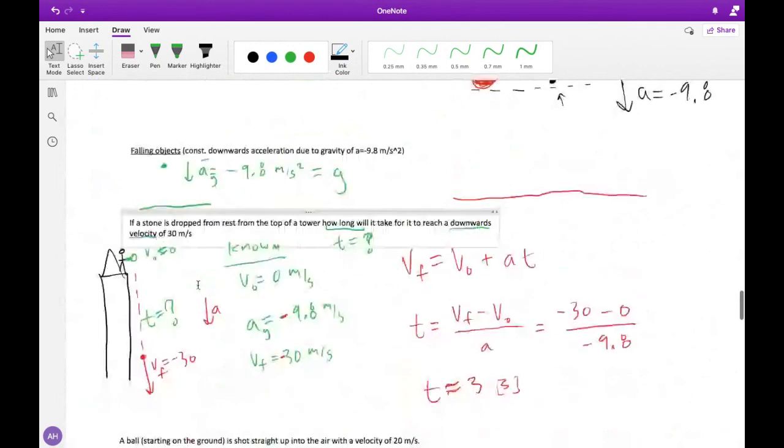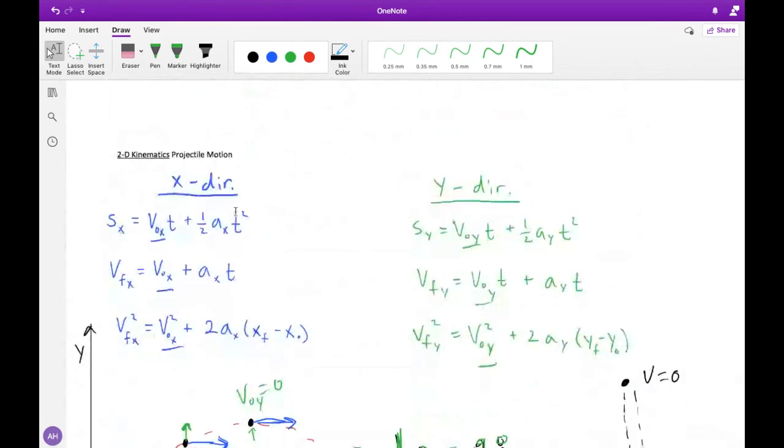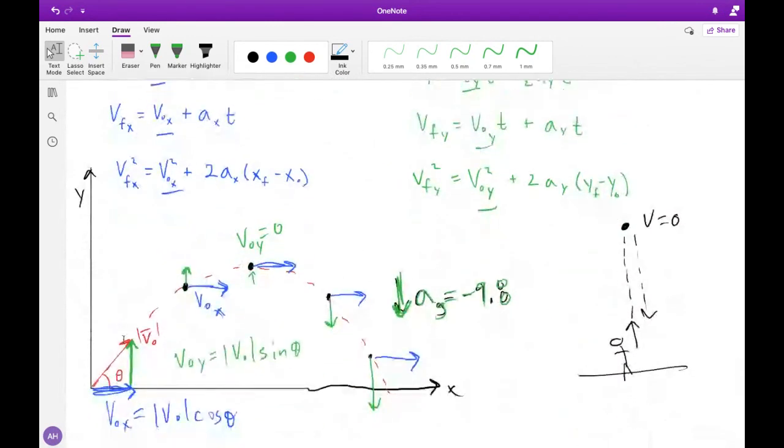And then lastly, I talked briefly about falling objects, where for falling objects, they're accelerating downwards due to gravity. And then I touched a little bit on projectile motion, which is any object that's going in this arc-like path in 2 dimensions, where the horizontal velocity remains constant because the acceleration is 0 in the x direction.